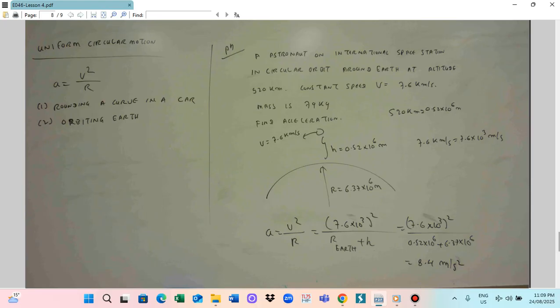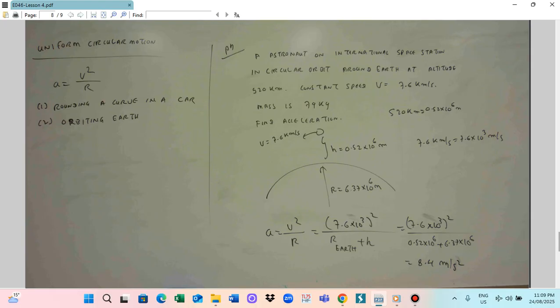Here 7.6 kilometer per second is equal to 7.6 into 10 power 3 meter per second, so 7.6 into 10 power 3 squared, because of meter per second. When we substitute, we get the acceleration 8.4 meter per second squared. This is the way we calculate the centripetal acceleration.